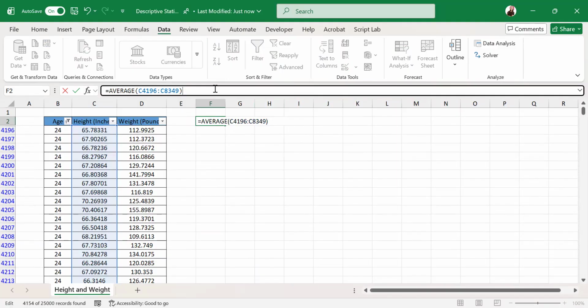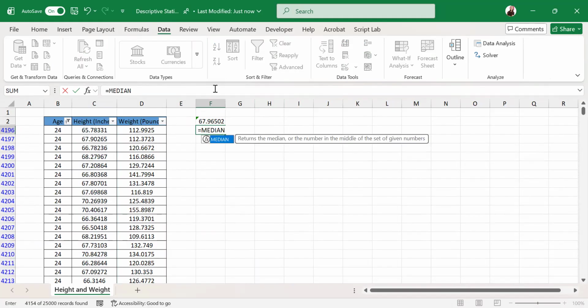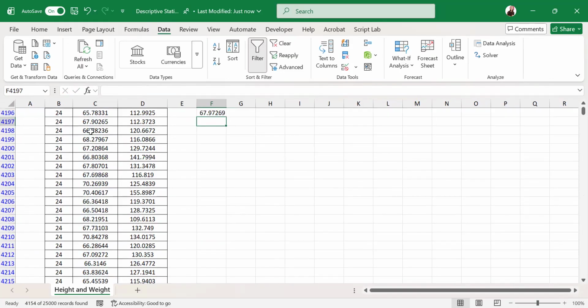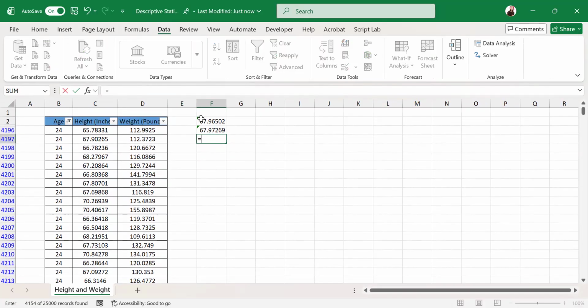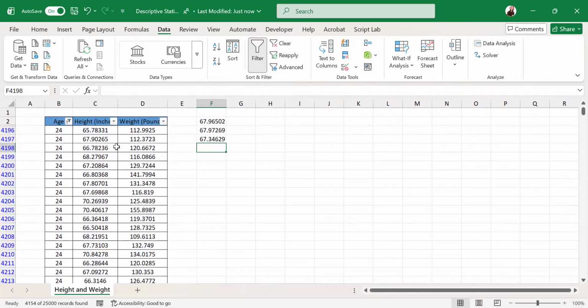So that's my average. I can also get, for example, the median of that same range. I can also get the mode of this range. I can also get the standard deviation.